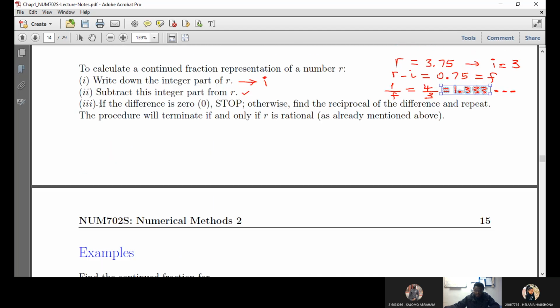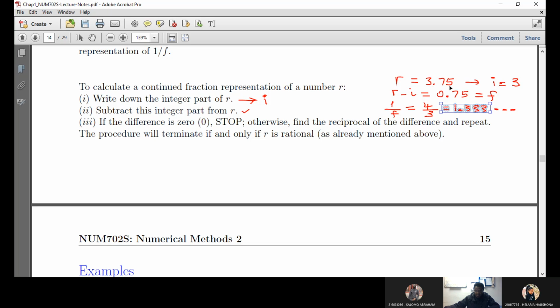So it's similar to what I wrote here. This one, 3.75, we can write it as 3 and 3/4. So what I mean is, we can write R equal to 3.75 as 3 point, the fractional part.